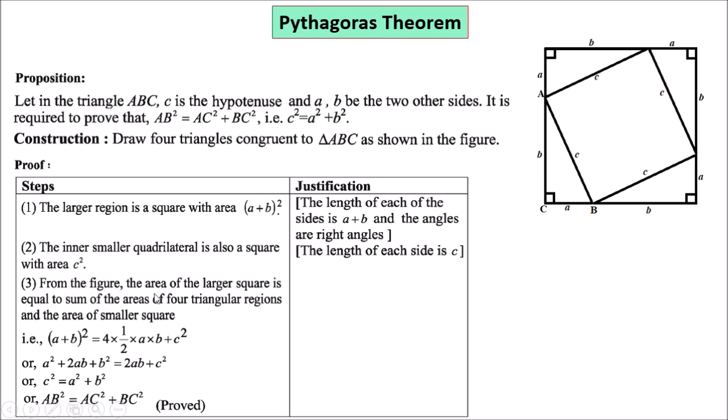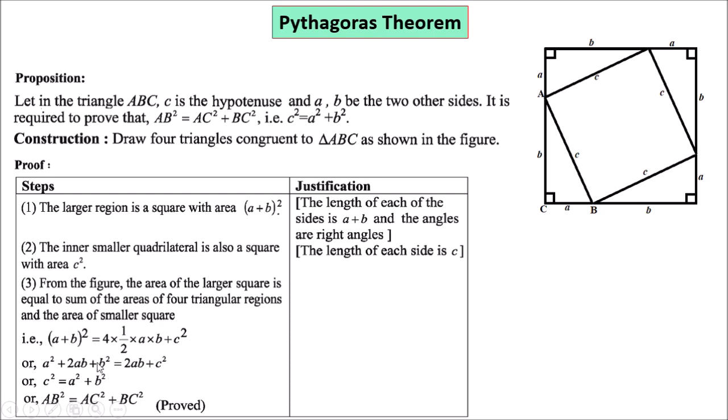And from the figure, the area of the larger square is equal to the sum of the areas of the four triangular regions and the area of the smaller square, that is, (a plus b) squared equals 4 into 1 by 2 into a into b plus c squared, or a squared plus 2ab plus b squared.